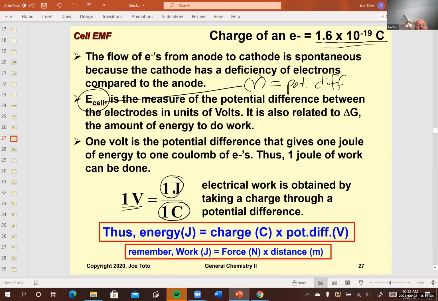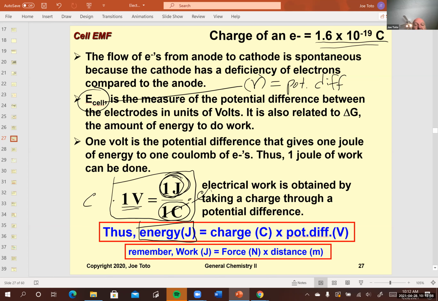But anyway, this definition of the voltage difference can also be used to solve for energy. So energy equals the charge. I'll just multiply both sides by charge. These cancel, and I get a charge over here.